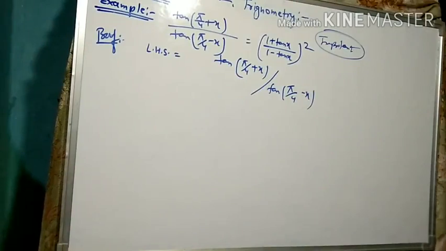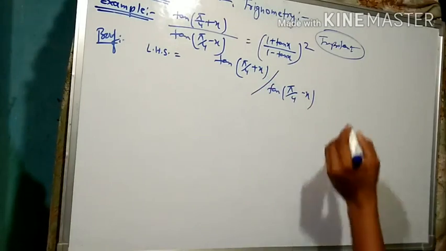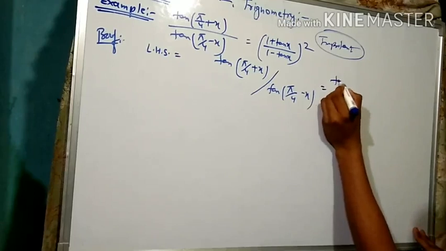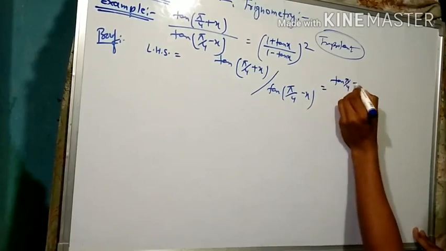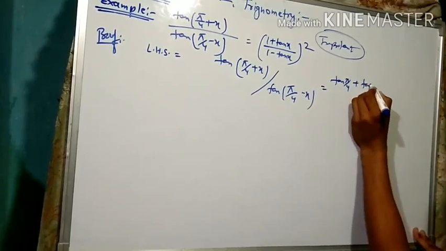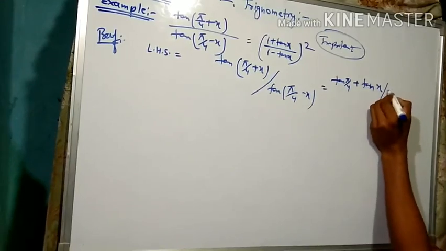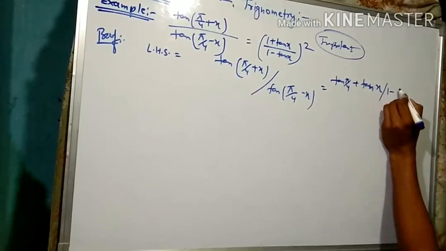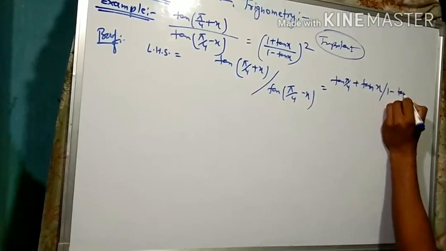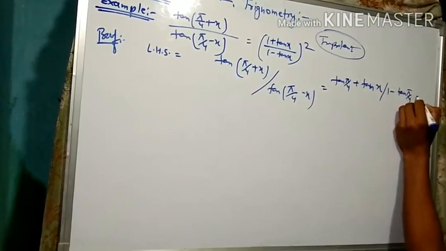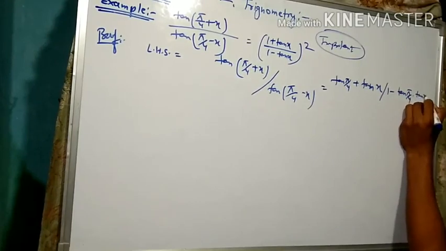Now what to do? We know tan(a plus b). What is the formula of tan(a plus b)? We discussed it in previous classes. Tan a plus tan b upon 1 minus tan a into tan b.